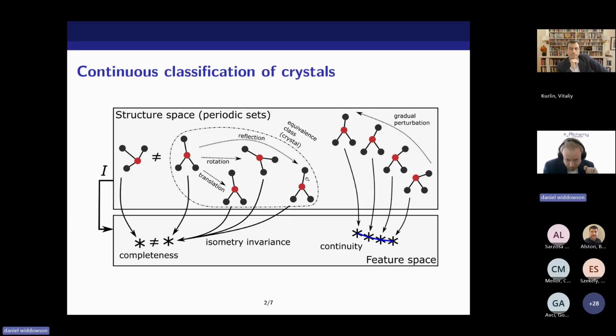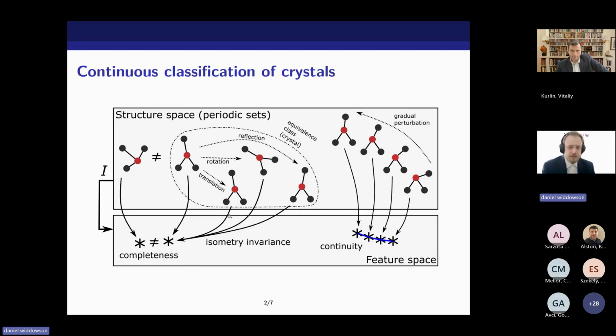So the first one, you can see these objects within this blob here are all related by an isometry, rotation, translation, reflection, and those don't affect the structure of the crystal. Well, I'm aware that reflections do, but for these purposes, it's an isometry invariant to keep things a bit simpler. Now, identifying if two things are isometric is not necessarily easy, so a good way to do it is with an invariant.